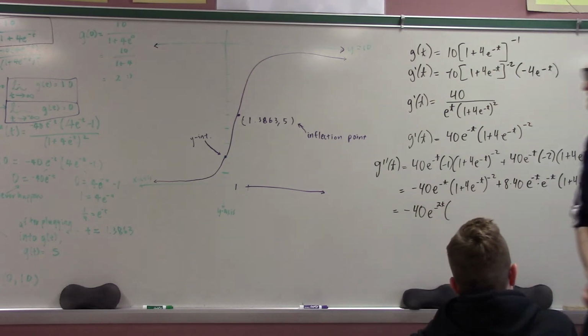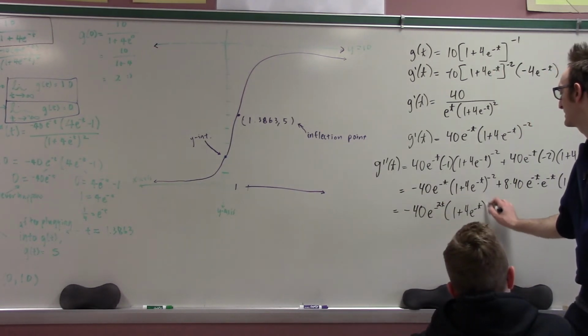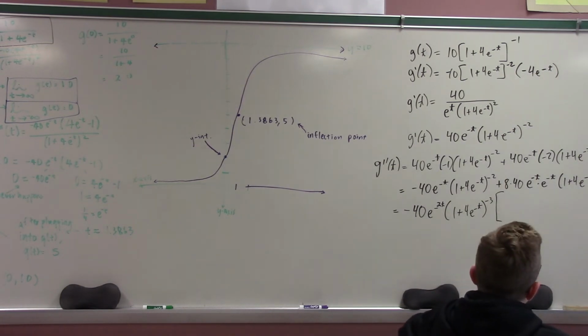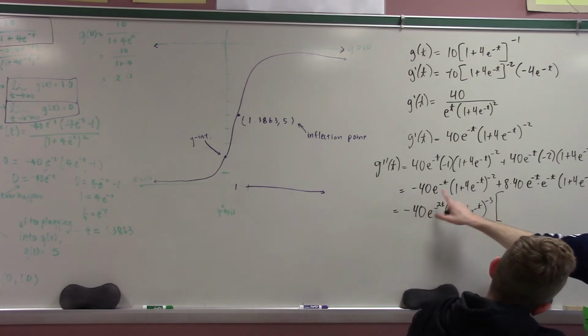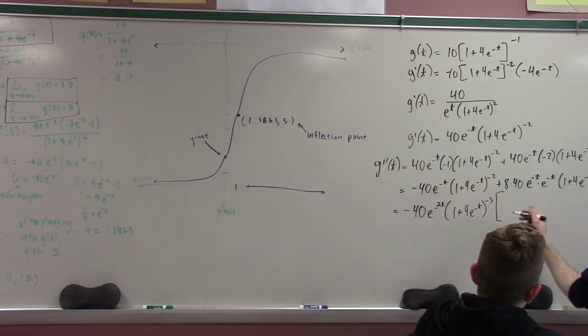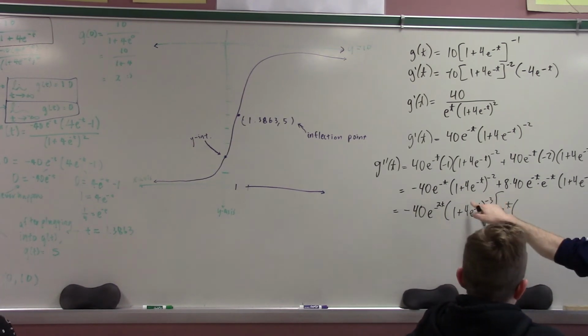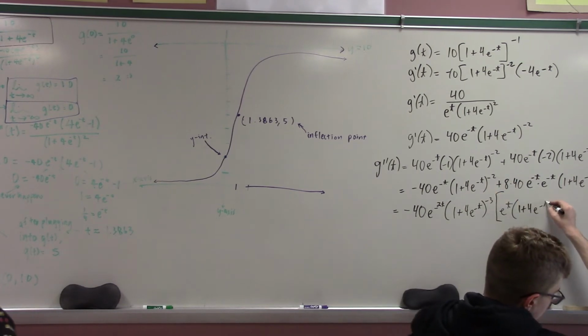Factor out e to the negative 2t and (1 plus 4e to the negative t) to the negative 3. If I do this, what am I left with? I grabbed the negative 40. I grabbed one of the e to the t's, so I have one e to the t left. And I grabbed 3 of these, so now I have 1 positive one left.